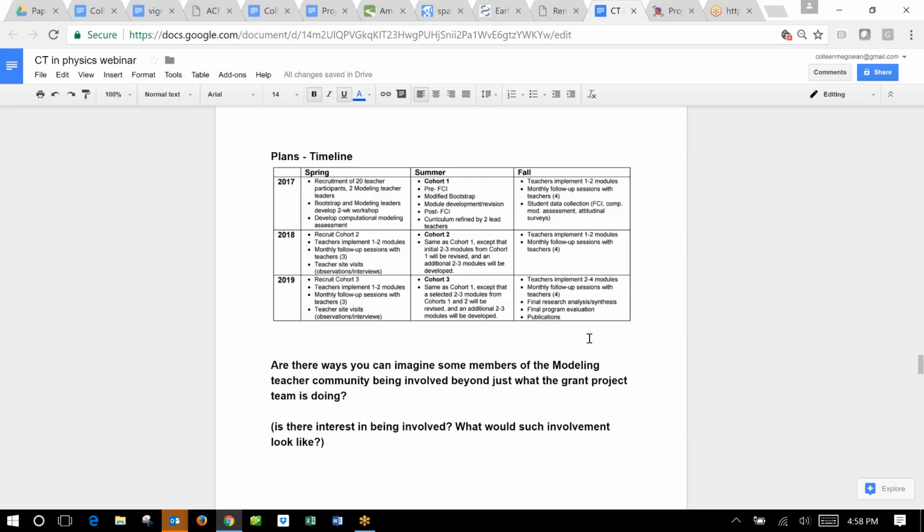And we will revise and improve each cycle so that at the end of this grant project, in the end of 2019, this will become a regular part of the modeling workshop inventory. But if any of you are interested in being in on the really ground floor, maybe even the basement floor, stay tuned to what's going on with this project, because you will have opportunities to get involved, and there are stipends.